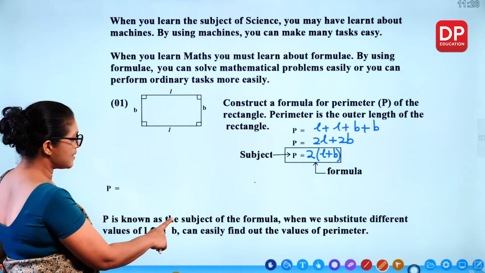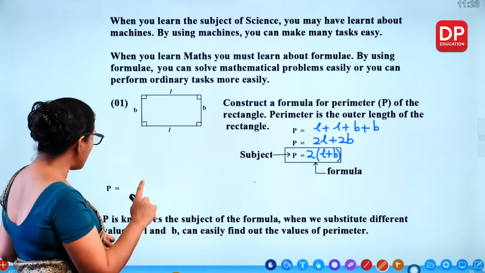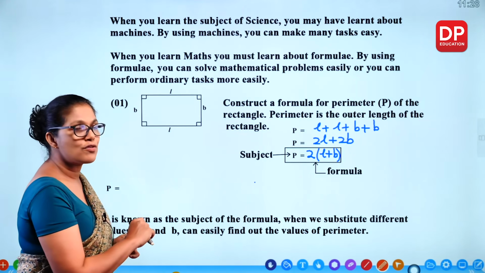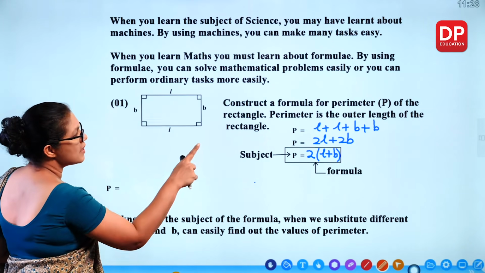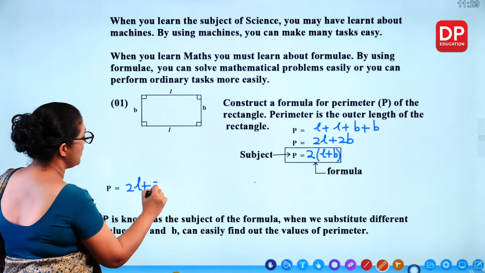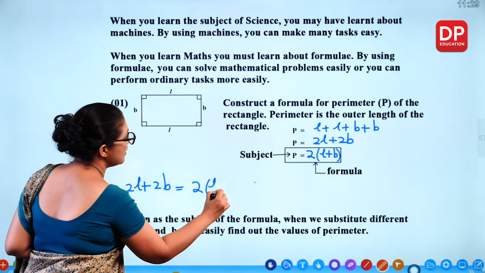P is known as the subject of the formula. When we substitute different values of L and B, we can easily find the values of the perimeter. So P equals either 2L plus 2B, or you can write 2 times L plus B.